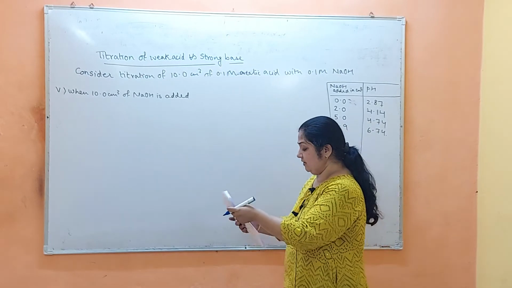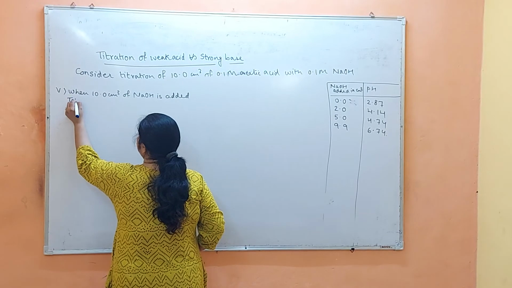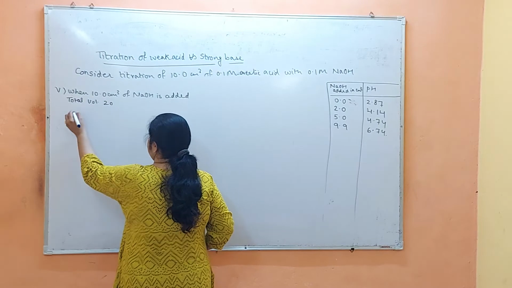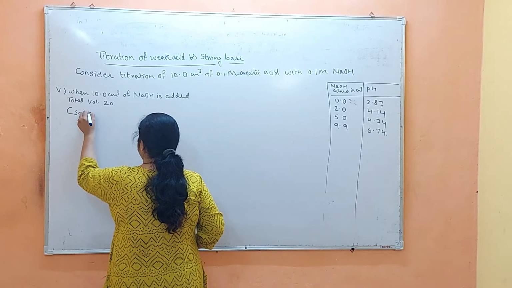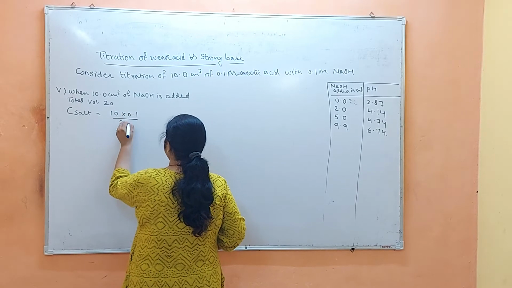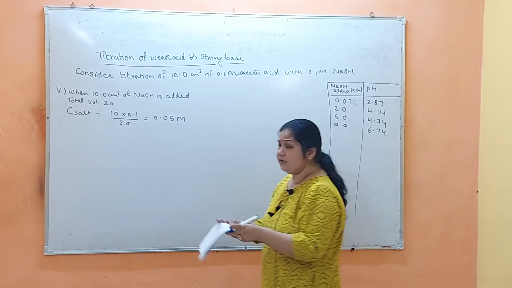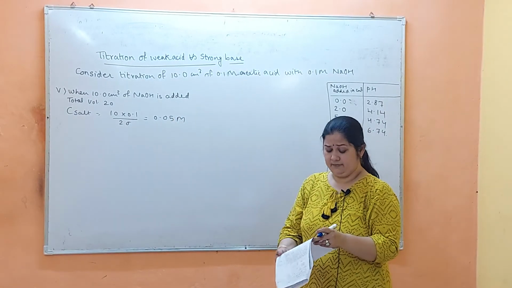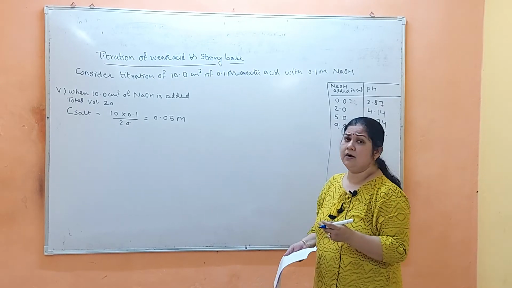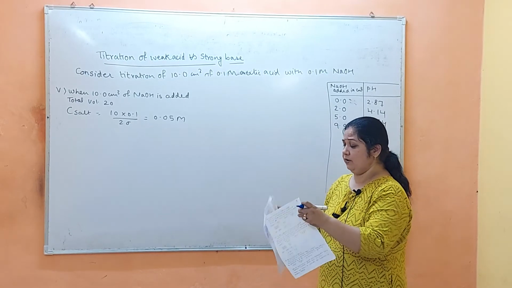So the concentration of salt can be calculated as, now here total volume will become 20, so salt concentration is 10 into 0.1 divided by 20, which comes out to be 0.05 molar. Now see, pH cannot be calculated from this directly because sodium acetate will undergo hydrolysis. Now here we have to consider the hydrolysis of sodium acetate.